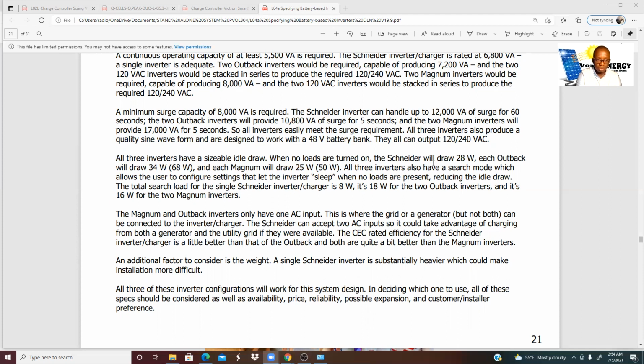The total surge load for the single Schneider inverter charger is 8 volt. It is 18 volt for two Outback inverters and it is 16 volt for two Magnum inverters. The Magnum and Outback inverters only have one AC input. This is where the grid or a generator, but not both, can be connected to the inverter charger.